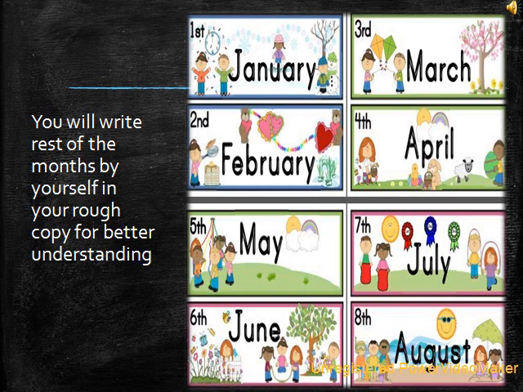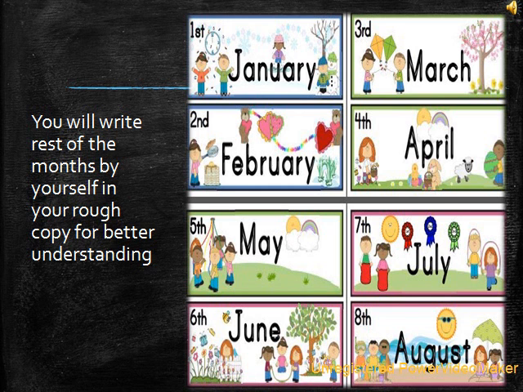Now, what about the week, the days? We also have days as ordinal numbers. Like in your textbook, on page number 35, you can see there is an ordinal number table on weeks.